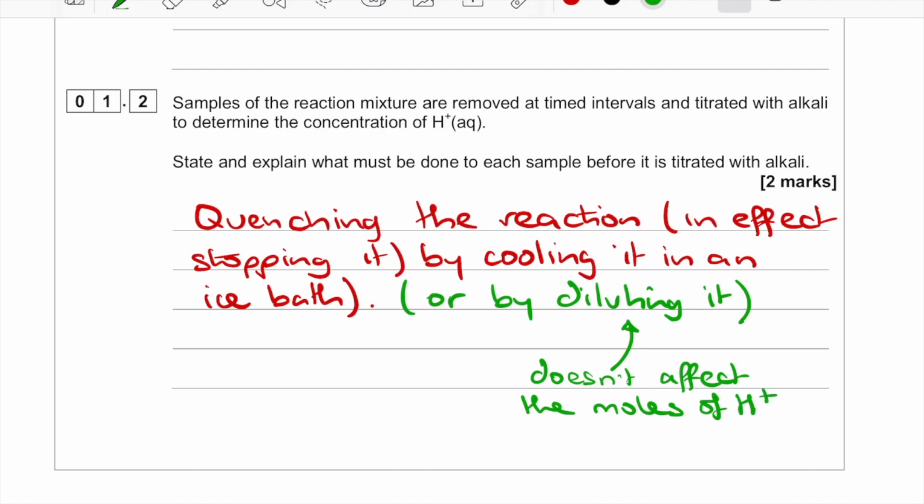All right, so quenching is the action, and the usual methods will be cooling or diluting. But bear in mind, they may mention a method of quenching using sodium hydrogen carbonate or sodium carbonate. In that instance, almost certainly, but you need to look at the reaction to check, it's neutralizing an acid, and therefore that's the way the reaction is quenched.